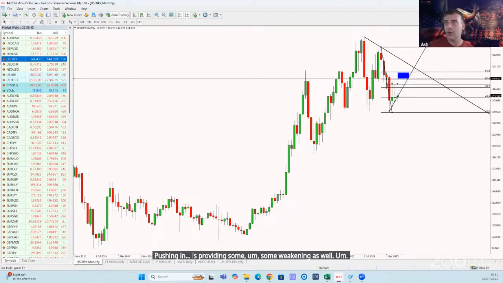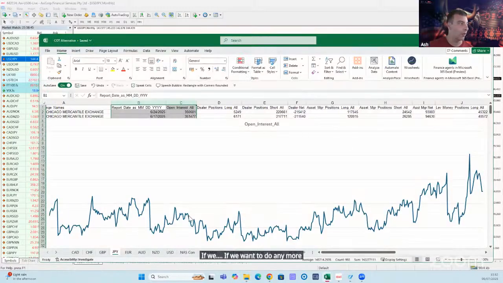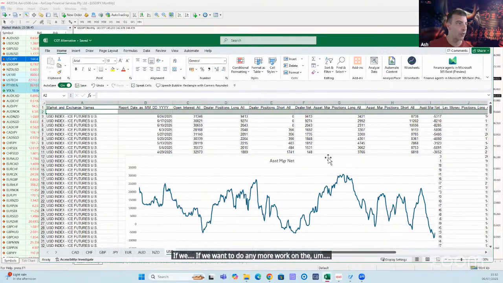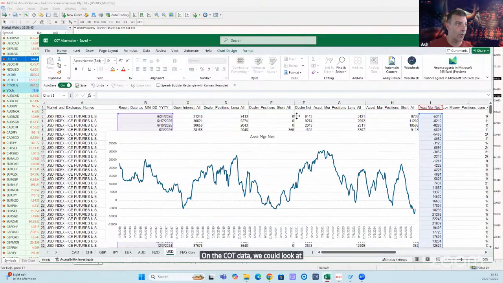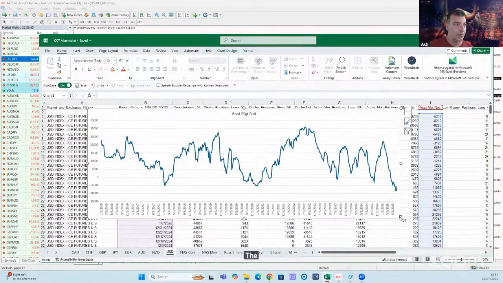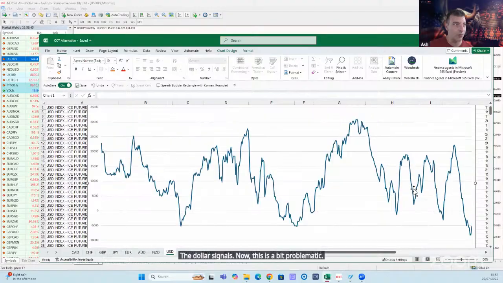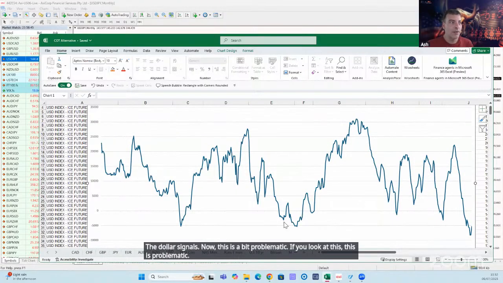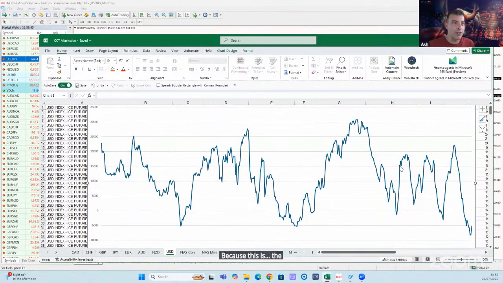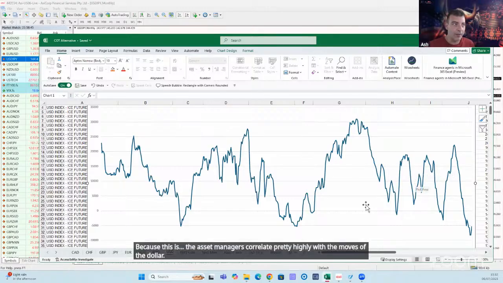Now, if we want to do any more work on the COT data, we could look at what's going on with the dollar signals. Now, this is a bit problematic. If you look at this, this is problematic because the asset managers correlate pretty highly with the moves of the dollar, and we're talking about the DXY.